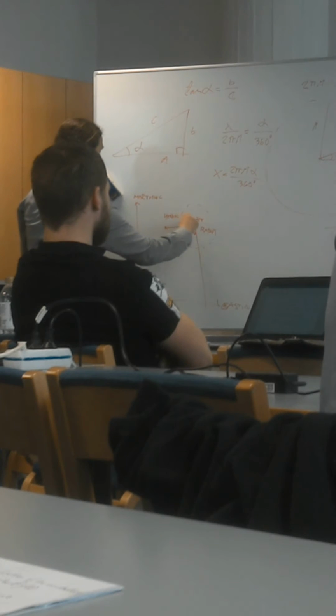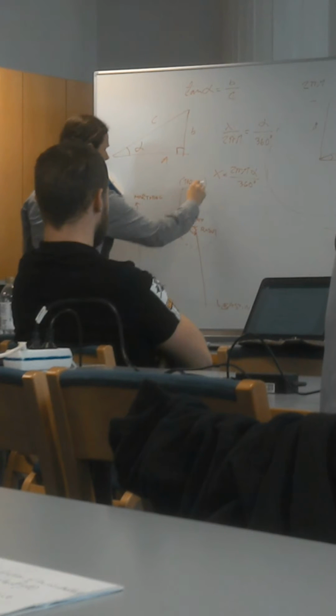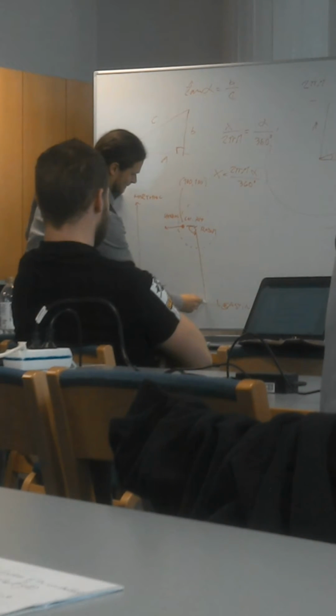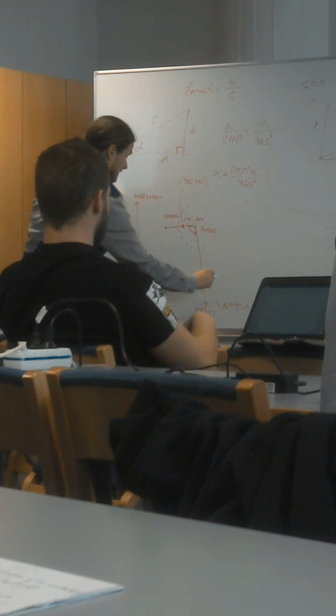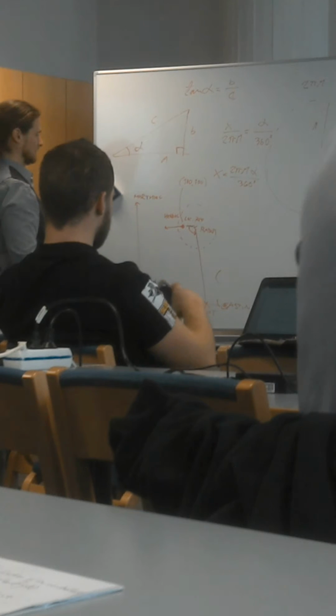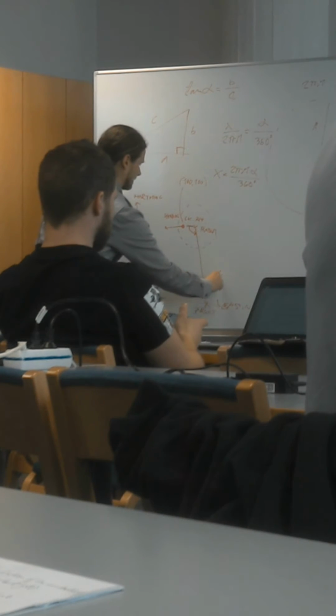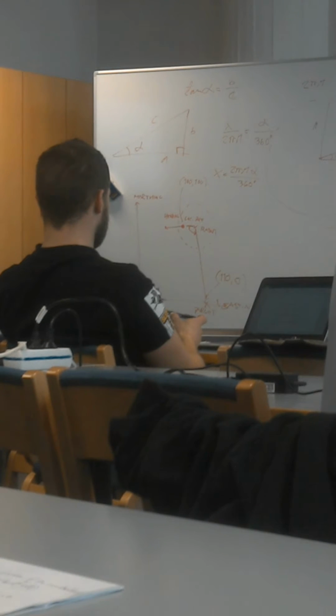Because this point was 100, and here we have 100 meters, so the target would be here. And the target coordinates would then be, this is easting, I think it would be 110, right? And 0. So 110 east, 0 north.